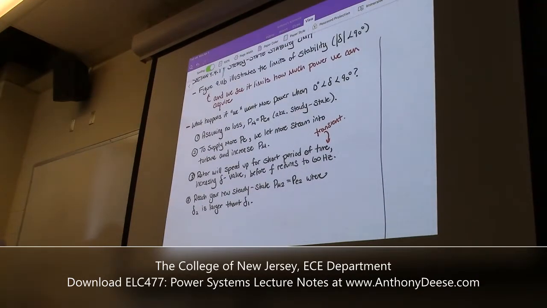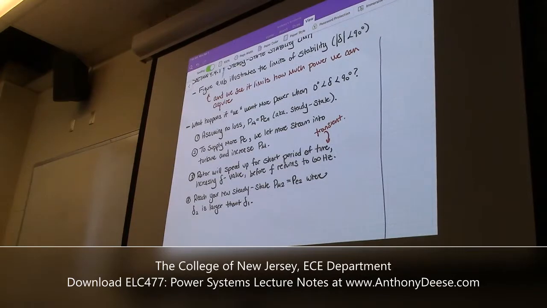So what happens if we want more power from our generator when we are operating with a delta value between 0 and 90 degrees? Assuming no loss, which we are in this case, PM equals PE, the mechanical power equals the electrical power. To supply more electrical power, we let more steam into the turbine, which in turn increases the mechanical power supplied.